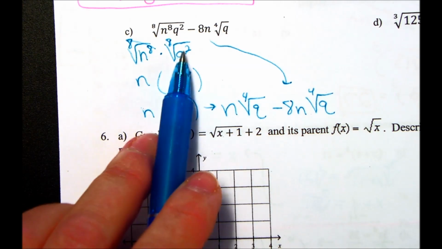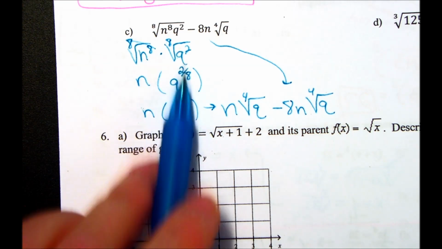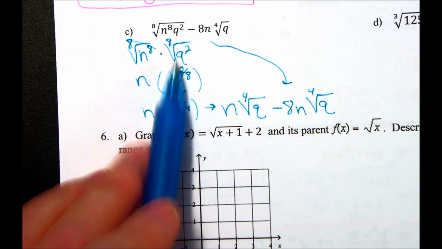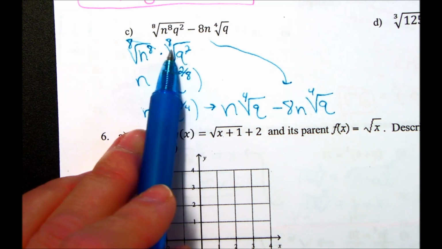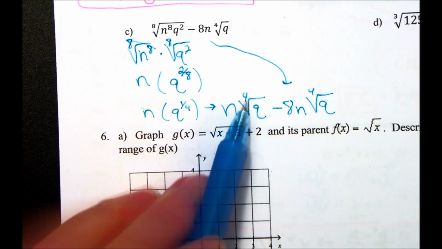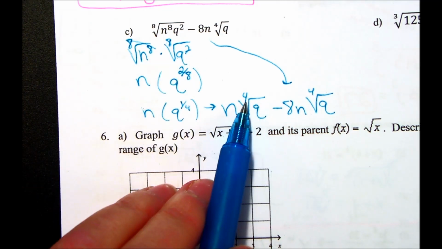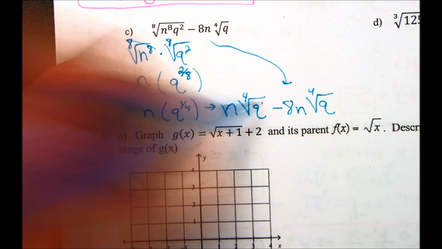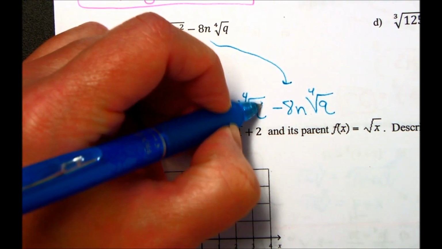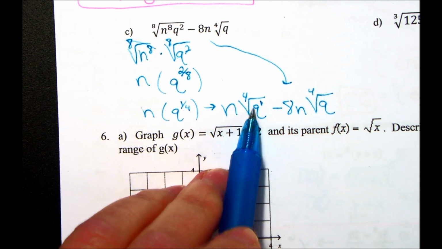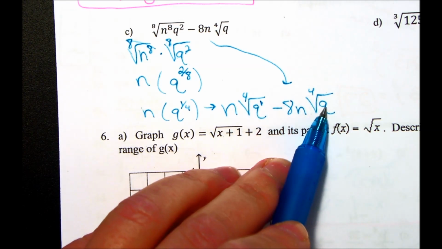So hopefully you can understand my steps here, but these couple of steps in the middle, you could have just gone from here to this simplified version and reduced the 2 and the 8 to get 4 and 1, which the 1 is really insignificant. So the fourth root of q to the first is the same as the fourth root of q.